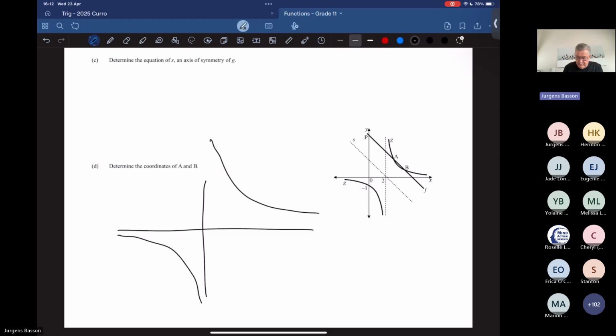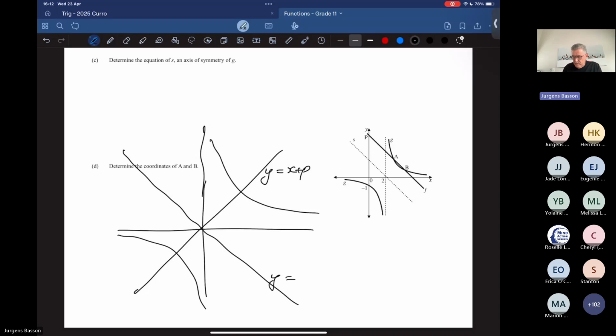If I just draw the basic graph, the one is here, and this is y equal to x plus q, and the other axis of symmetry goes here, and this is y equal to minus x plus q. So that is the 2 axes of symmetry that we have. You can look at both axes and you will see the graph is symmetrical about those lines.